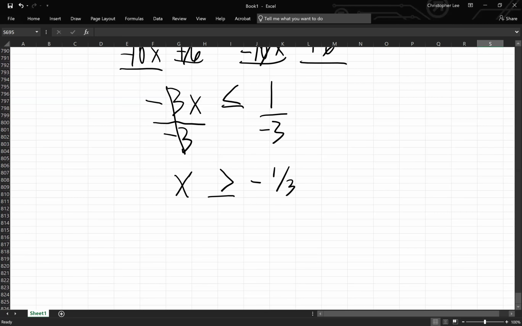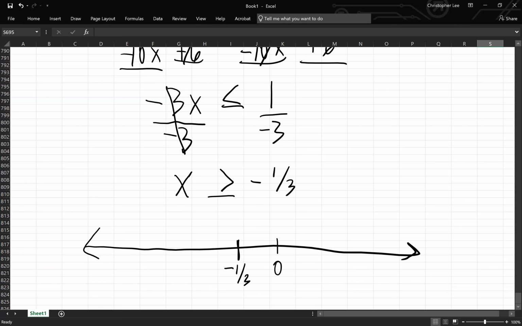After that, make your number line. Yep, that's the only rule. You have negative 1/3. Numbers that are bigger than negative 1/3, let's say like 0, 1, 2, you get the idea.